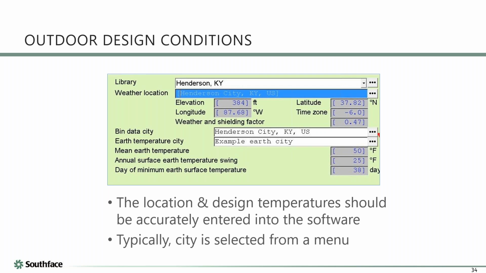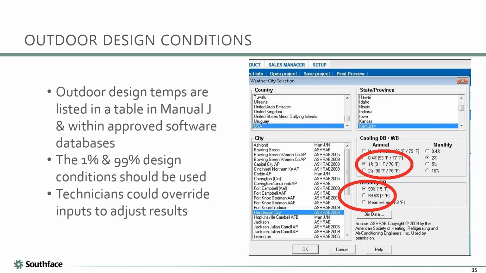If then your engineering experience tells you to make a slight adjustment, that's okay. But don't go in at the beginning and say, I remember that time it got to be 104 here in Atlanta, so I'd better use that as my design condition. Very typically, you just choose the city and take those defaults.